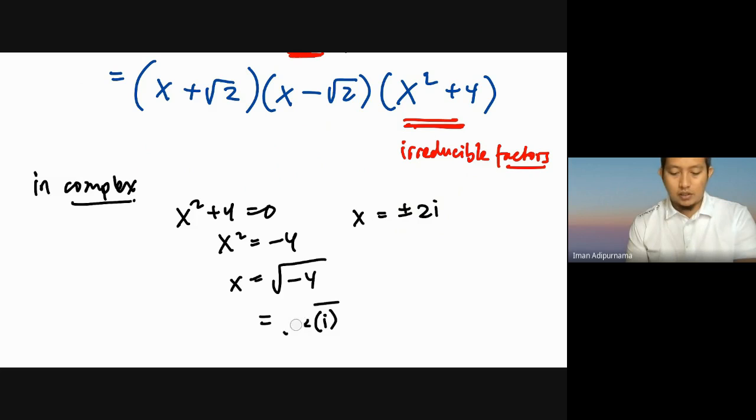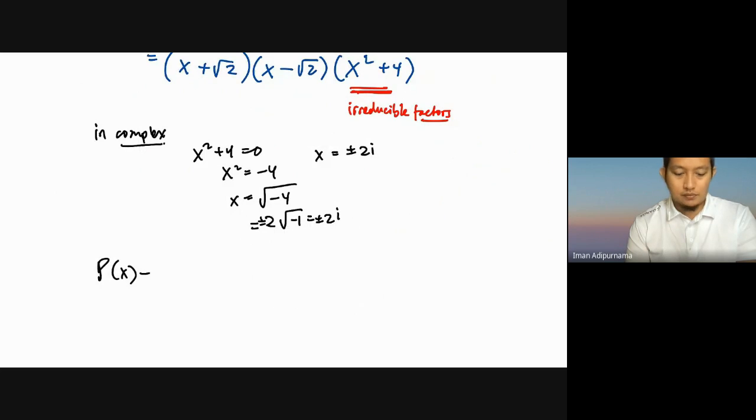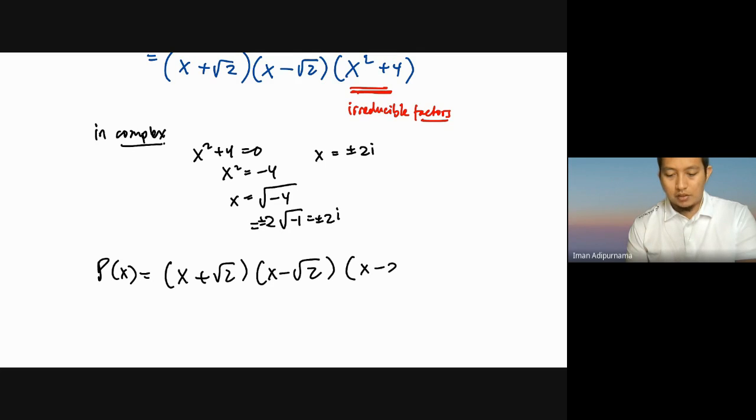So we can write the factors as x plus square root of 2, x minus square root of 2, and then x minus 2i, x plus 2i. Now this is the complete one. We are including the complex.